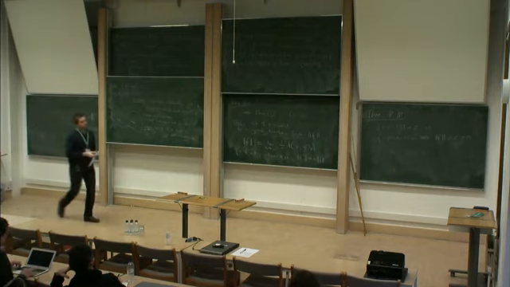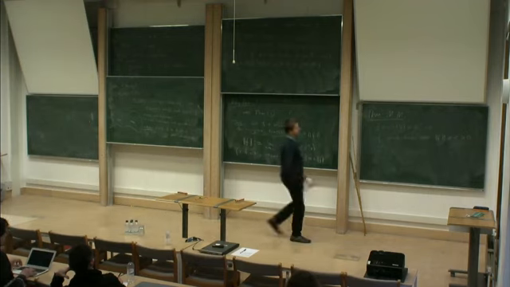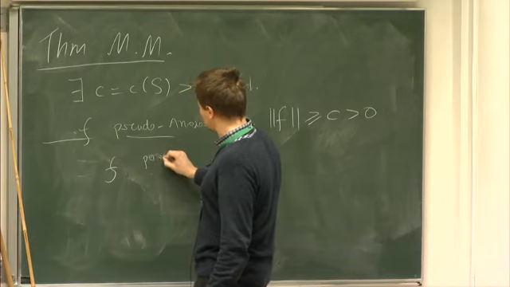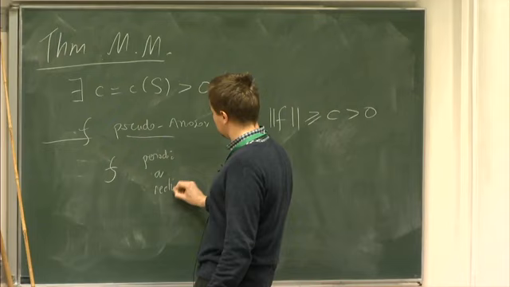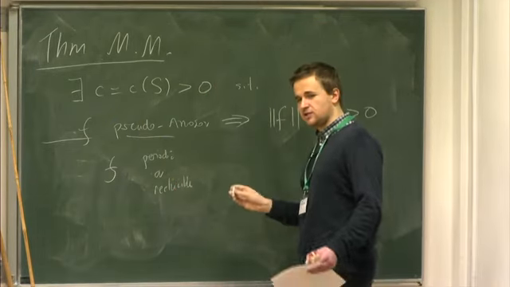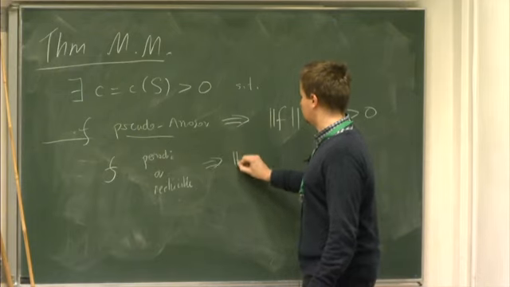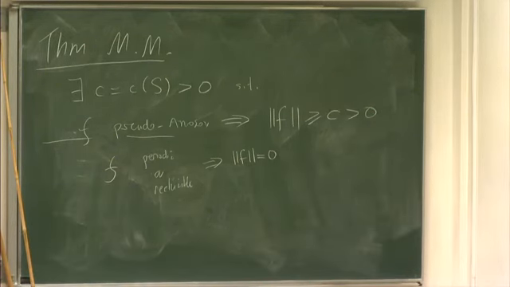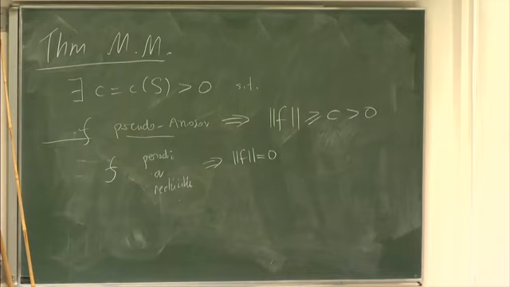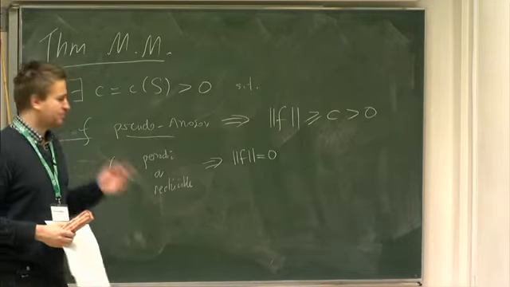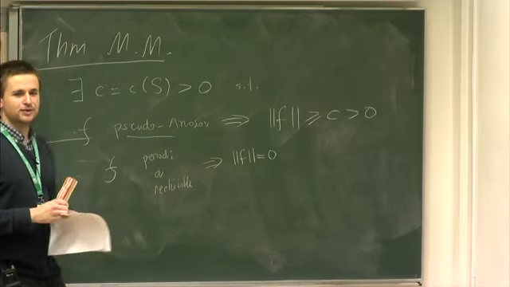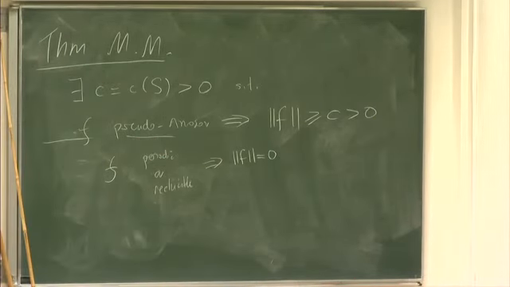It's also worth mentioning that if f is either periodic or reducible, then it's actually not hard to show that the asymptotic translation length is 0. So the converse of the theorem is also true, right? Yes, so this is an if and only if, because we've exhausted all the possible cases of f.